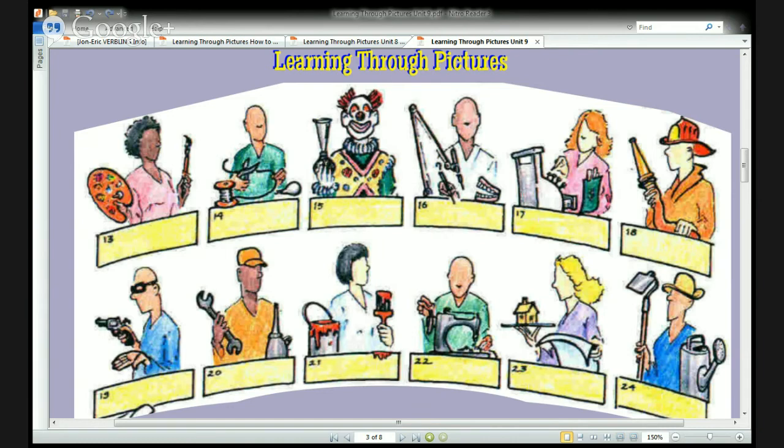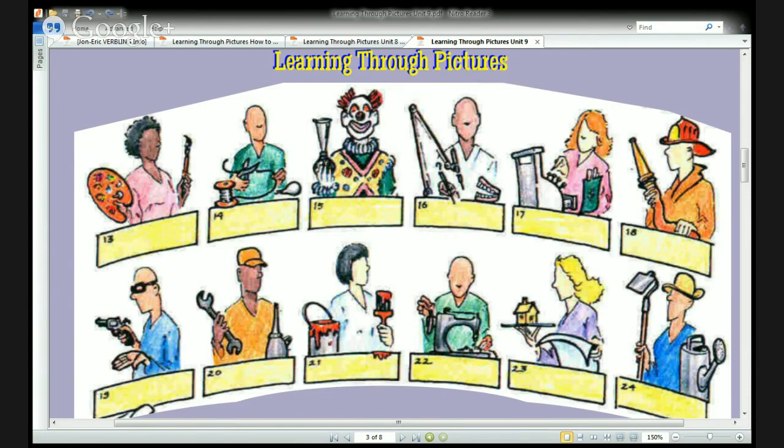If that was my dentist, I would be very afraid. Christian, what's the clown holding in his hand? A horn. He's holding a horn. That's right. So in the middle left, we've got a clown. In the middle right, that's our dentist.